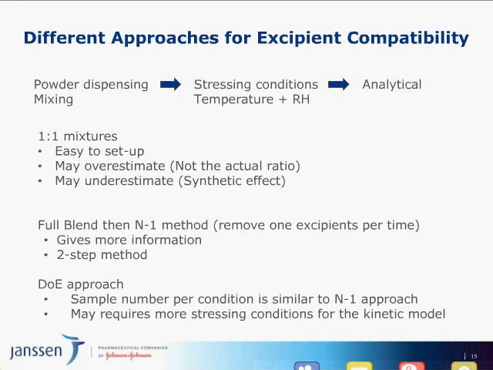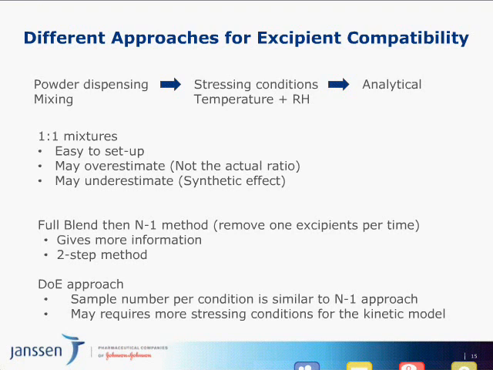And here are 3 major approaches when we're doing the excipient compatibility. The first is a 1-to-1 mixture. That means you blend your API and your excipient in a 1-to-1 ratio. The problem with this approach is that for some excipients, like magnesium stearate, you never have a 1-to-1 blend in your real formulation.